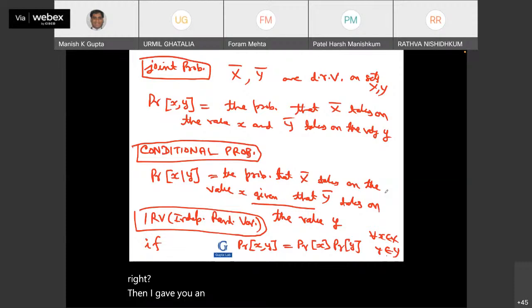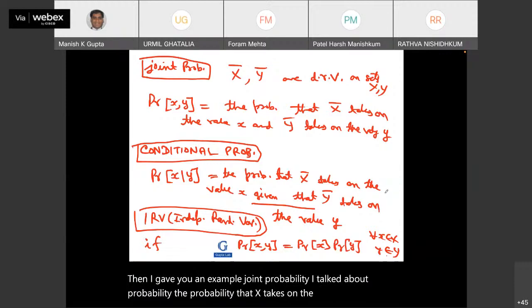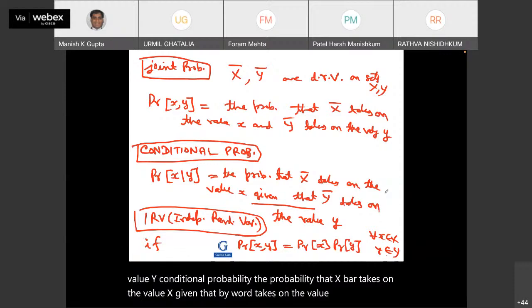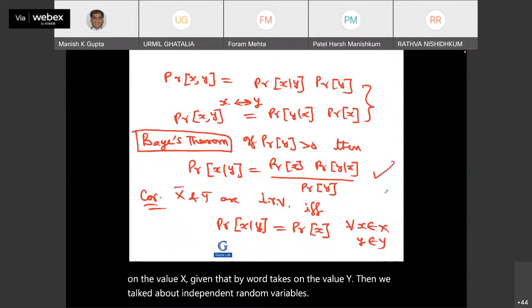Joint probability I talked about: the probability that X takes on the value x and Y takes on the value y. Conditional probability: the probability that X takes on the value x, given that Y takes on the value y. Then we talked about independent random variables. Bayes theorem, this is very important: Pr(x|y) is the same thing as Pr(x) times Pr(y|x) divided by Pr(y), if Pr(y) is positive.